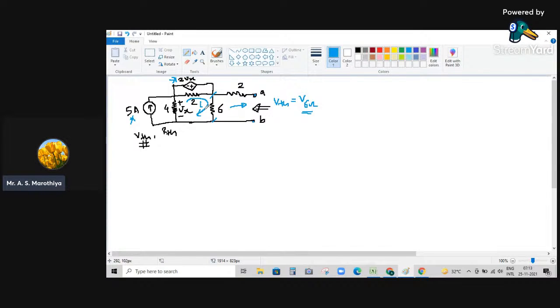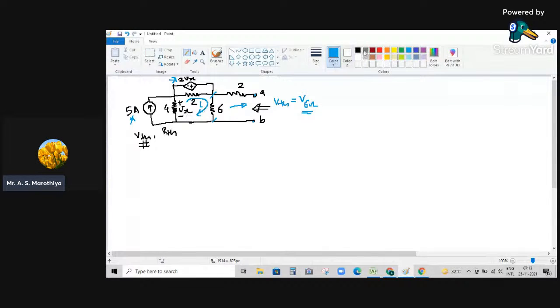And if you got the value of current in the negative domain, that means the actual current flowing in the circuit is opposite to the direction we assumed. This is the basic philosophy that we need to implement.